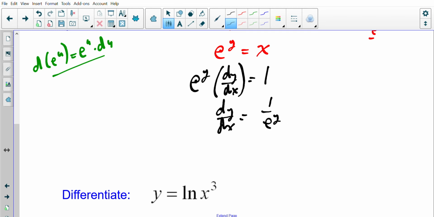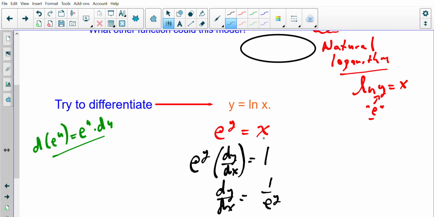Well, I know from earlier that e to the y is simply equal to x, so that can be replaced with an x. There you have it: the derivative of the natural log of x is 1 over x.